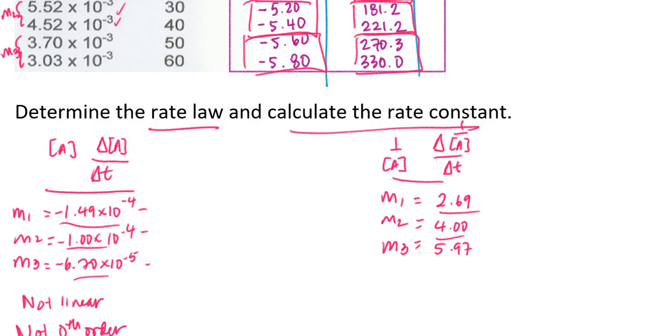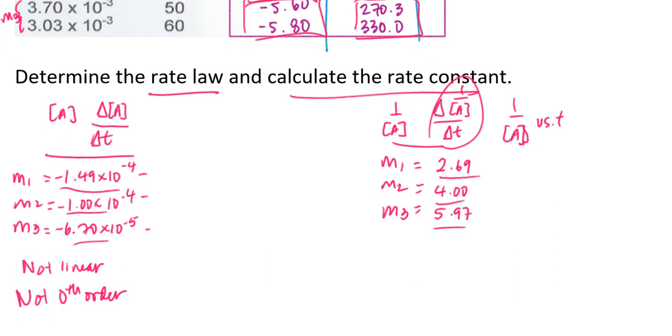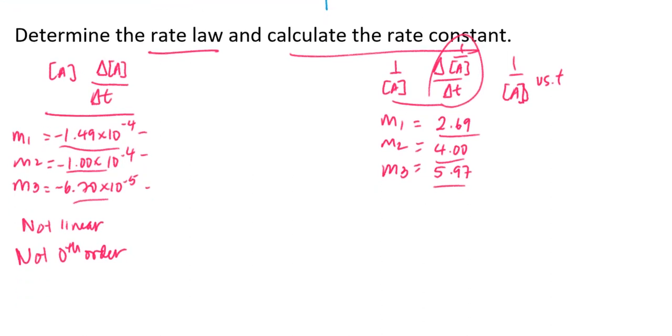Once again, notice that these three values, which would correspond to slopes on a plot of 1 over A versus t, are not consistent either. For a line, the slope must be consistent. So this plot would also not be linear, which means this reaction is not second order either.